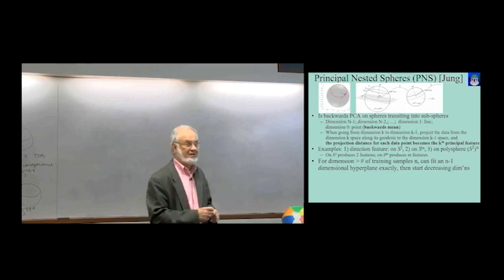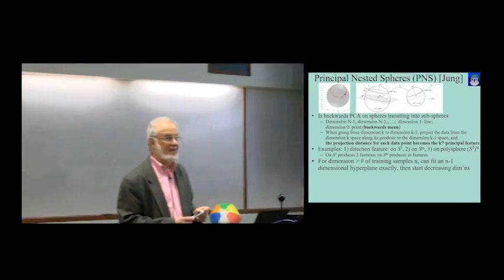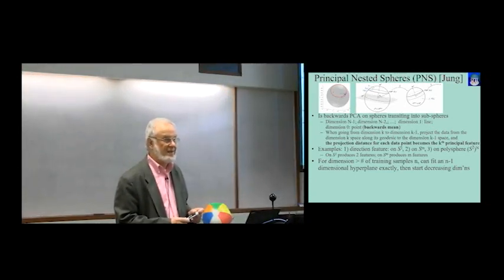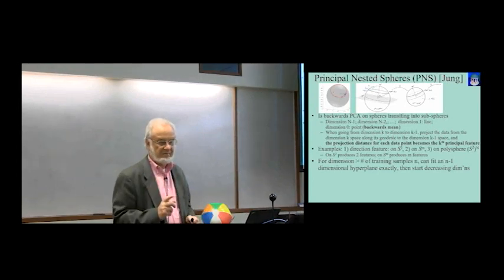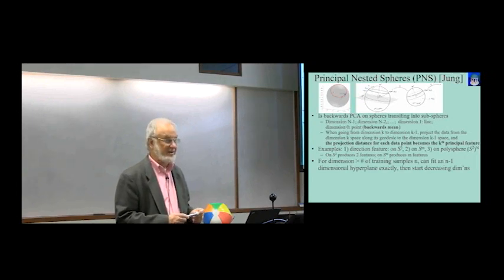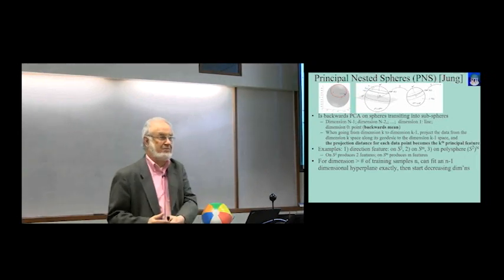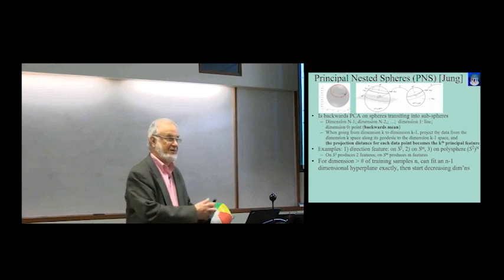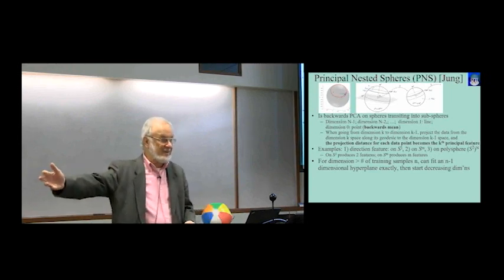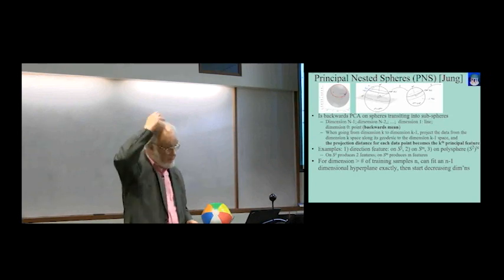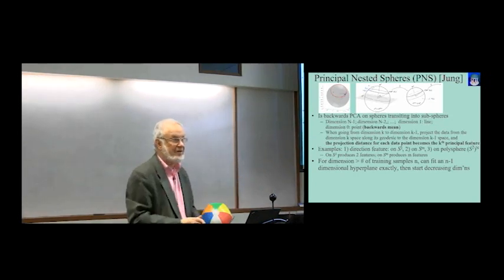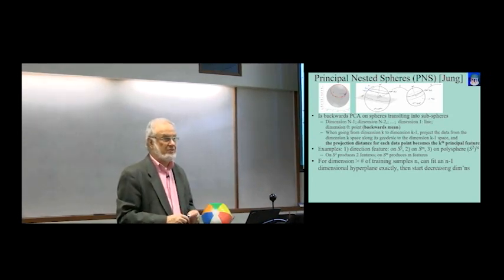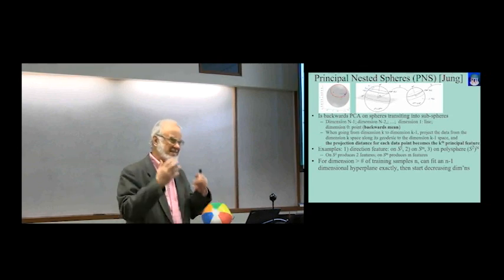Because the geodesic distances are 0: there's a 3 sphere that exactly fits the 4 points, so the geodesic distance from all 4 points onto that sphere is 0. Exactly. And then you would start with a 3 sphere, go down to a 2 sphere, and then a 1 sphere, rather than having to go from a 12 sphere to an 11 sphere to a 10 sphere to a 9 sphere. But if my number of points was 40, I'd still start at 12.